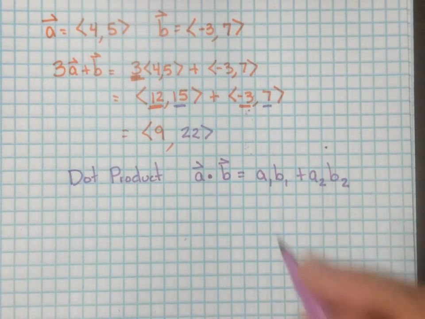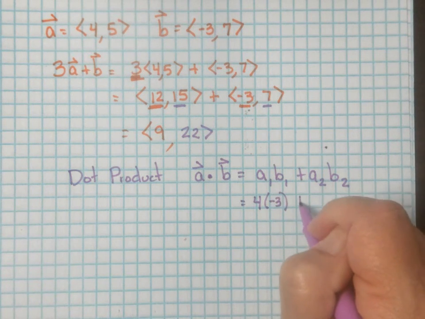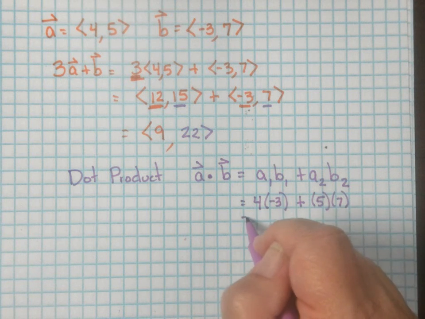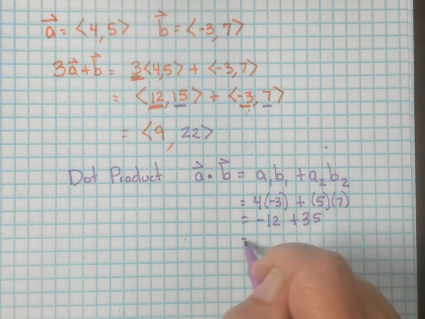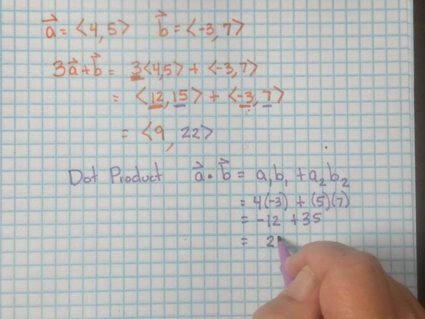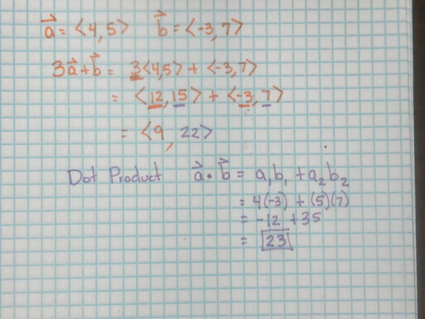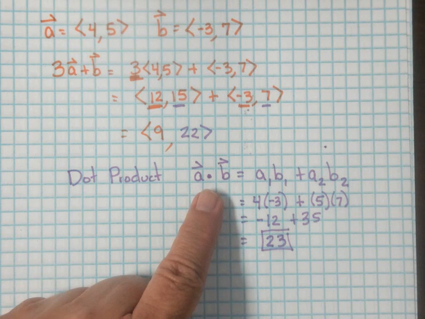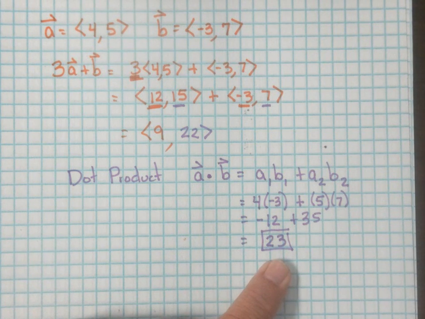So for this example here, we would have 4 times negative 3 plus 5 times 7. So we'd have negative 12 added with 35, which would give us 23. So it's a very interesting thing that happens. You take a vector and you do the dot product with another vector, and you come out just with a numeral answer, 23.